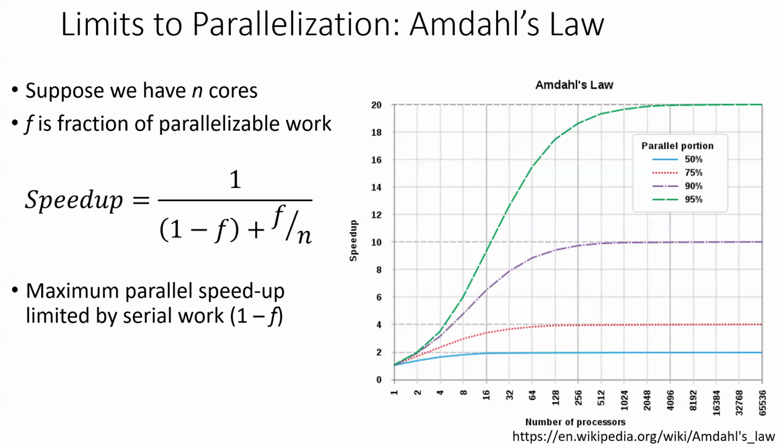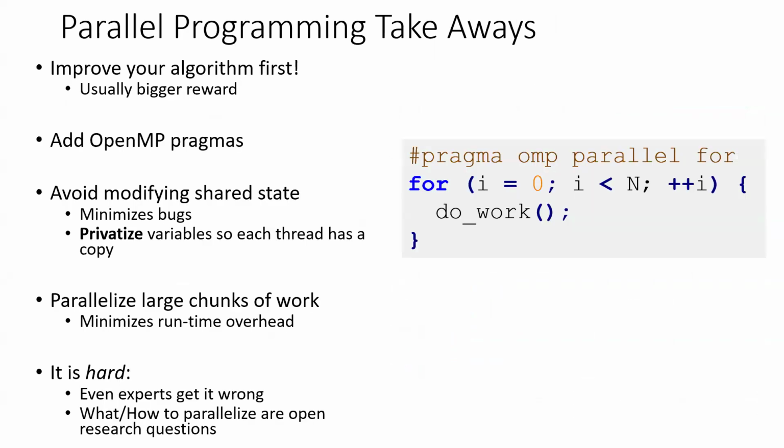That's why we are asking you to first do any speedups you can get by improving your algorithms before attempting parallelization, because the gain is limited and it's easy to parallelize after everything's done. So improve your algorithm first because it's usually a bigger reward.